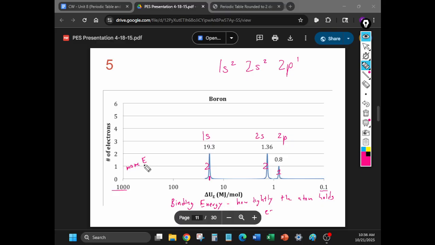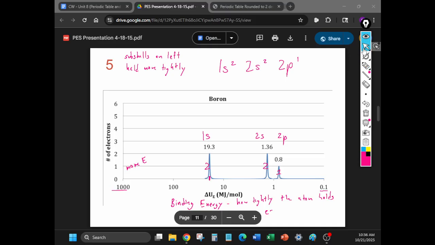So basically, if you need more energy to remove it, electrons in the subshells on the left are held more tightly. So if you want to jot that down, in PES, subshells on the left are held more tightly. Okay, and that makes sense, right? Because the 1s is deeper into the atom than the 2s versus the 2p, so on and so forth.